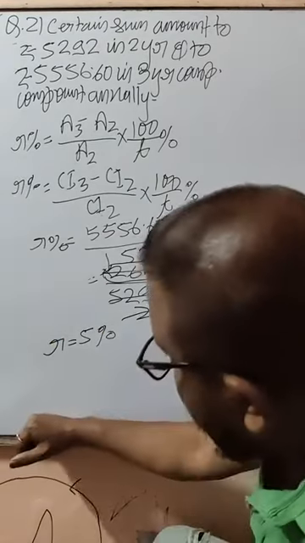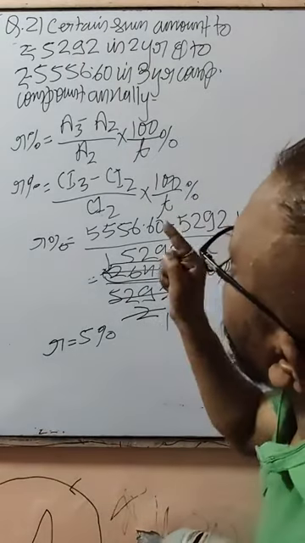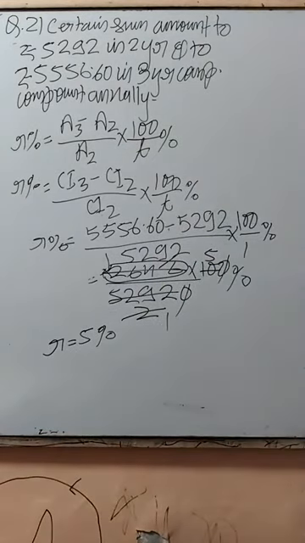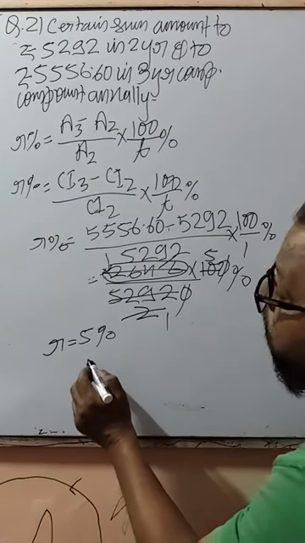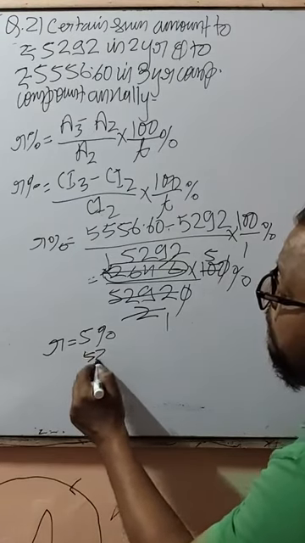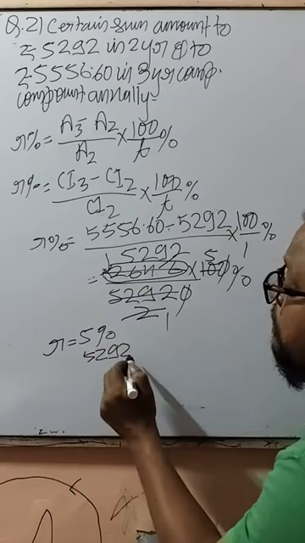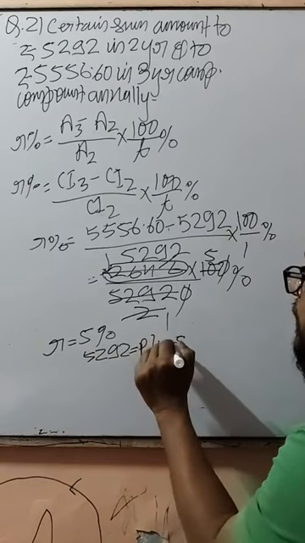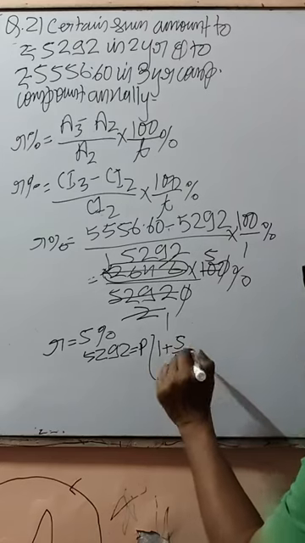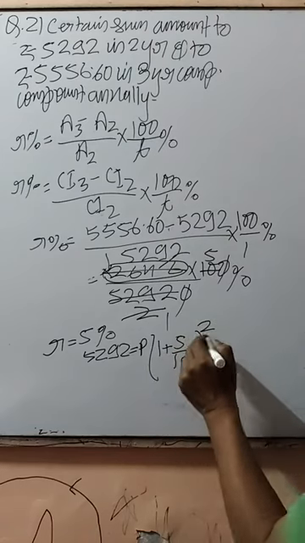The rate of interest is 5%, and now in 2 years he is getting this much amount. So 5292 is equal to P bracket 1 plus 5 upon 100 raised to the power 2.